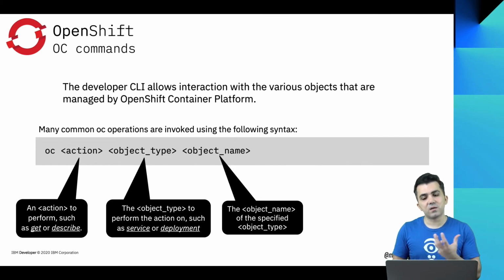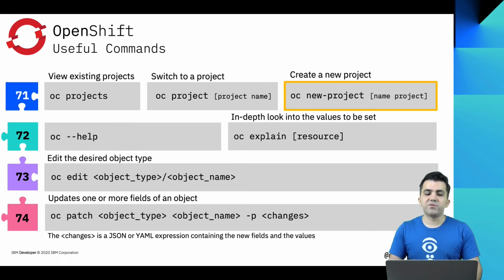That's the way we are going to use oc. And oc is kind of your magic word for telling your terminal to interact with your OpenShift cluster. So a few tips or a few useful commands. oc projects shows you all the projects, or namespaces in the Kubernetes context. And then oc project with your project name lets you switch to a different project.